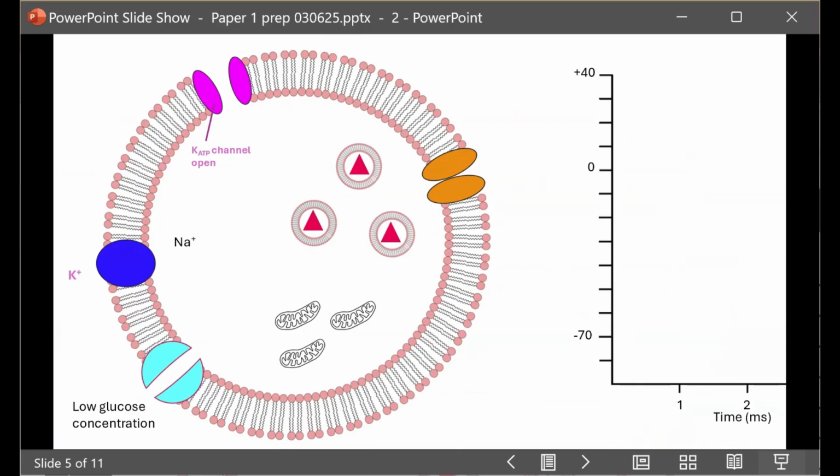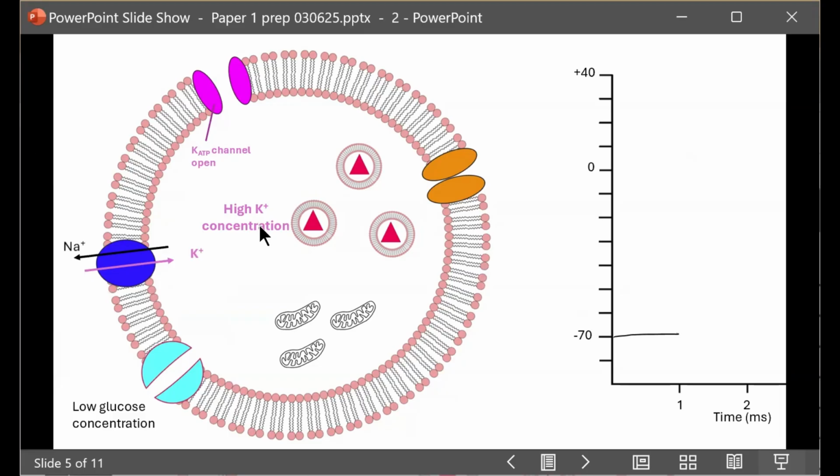So because we're looking at insulin secretion, we're looking at our beta cells. So if we have low glucose concentration, you should know the sodium potassium pump is always going to be pumping sodium and potassium in the specific directions. And therefore, we're going to get a high potassium concentration inside.